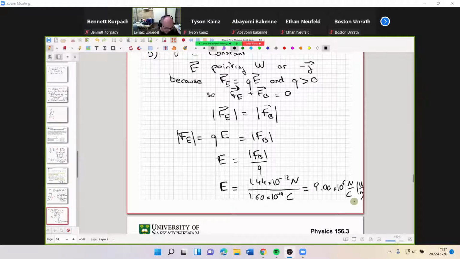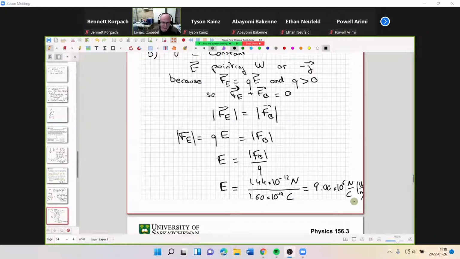You can create arcing in air with this kind of electric field. So what does it tell you about a magnetic field of 1.5 Tesla? Is 1.5 Tesla a big magnetic field or a small magnetic field? A big one. It's a huge magnetic field.